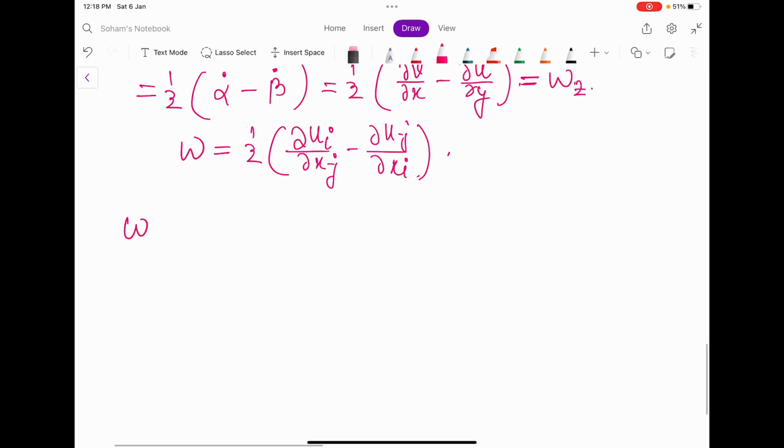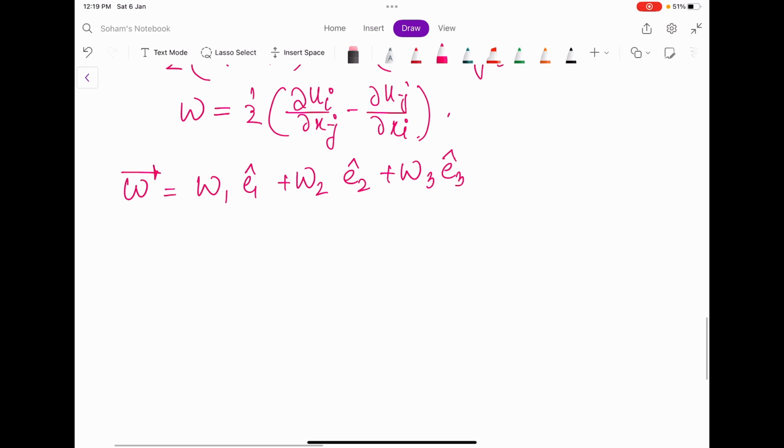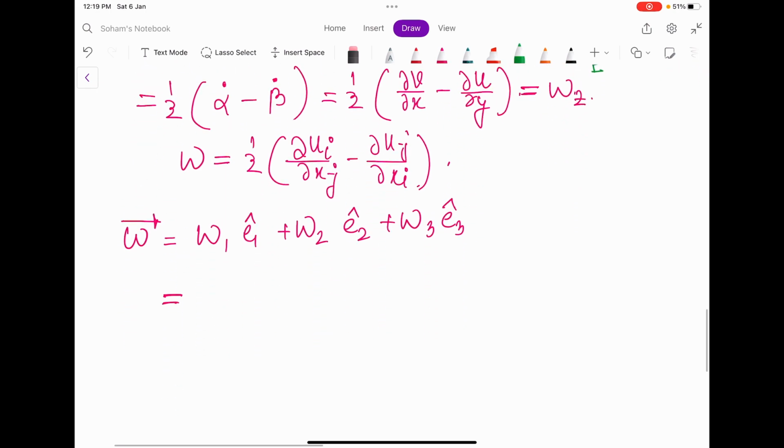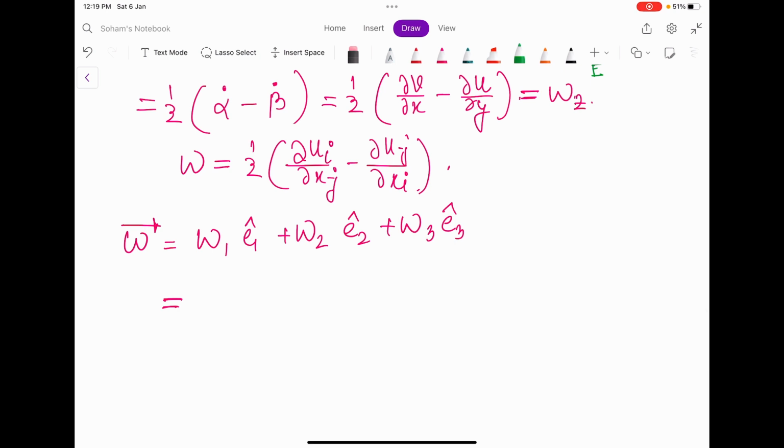Now let me tell you another thing. This omega vector will be omega_x i cap, or I can write it as omega_1 e1 cap. By this time you should be conversant with these e notations, because e1 is i cap, e2 is j cap, and e3 is k cap. If I expand this, omega 1 means omega x.